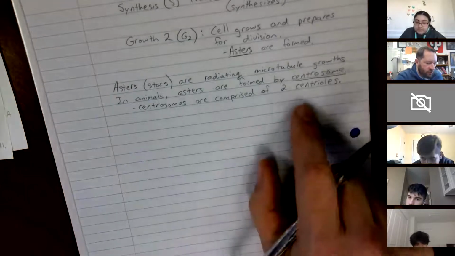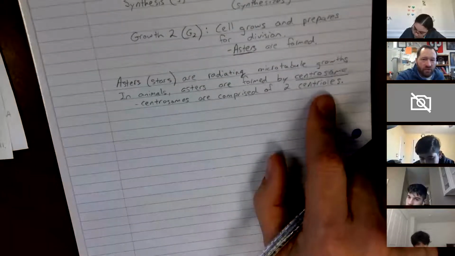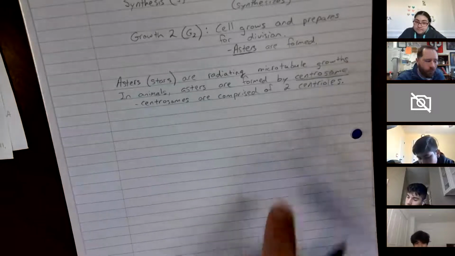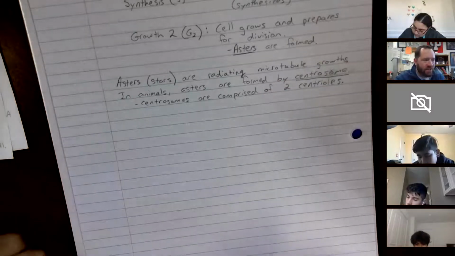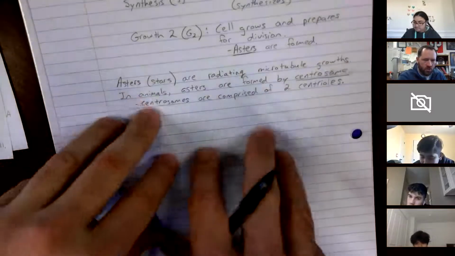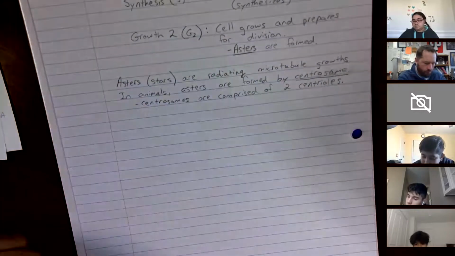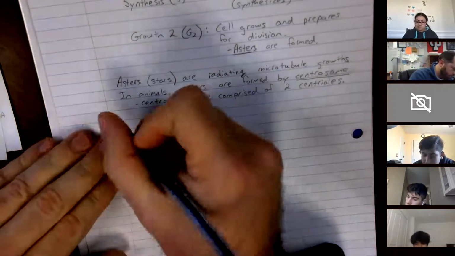In animal cells, it seems as though these centrioles are building the microtubules, and that would make sense to us. They're building these long proteins that are coming out from the centrosome. But here's the weird thing.